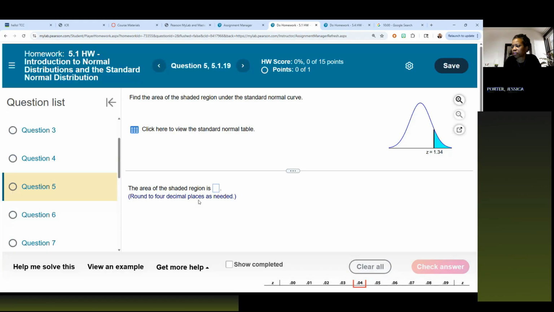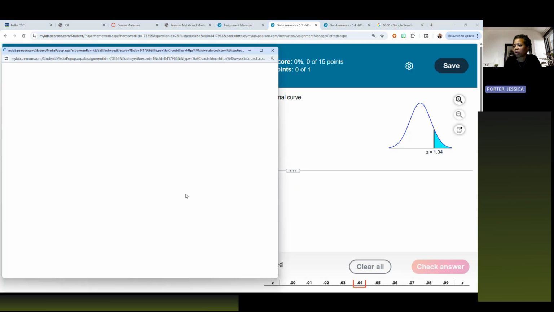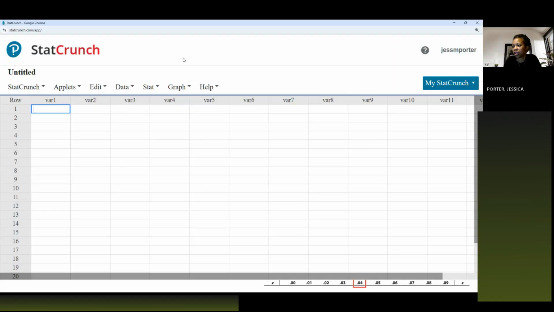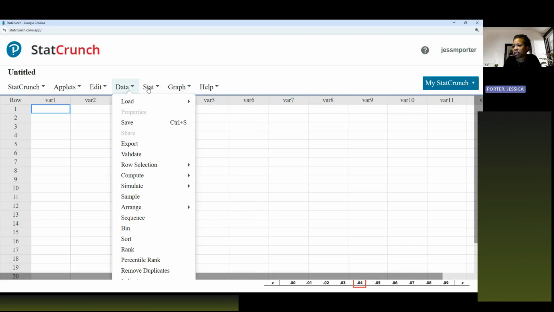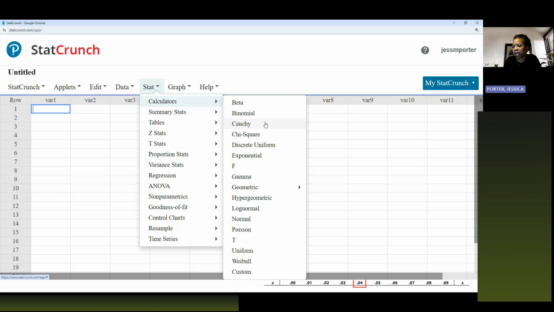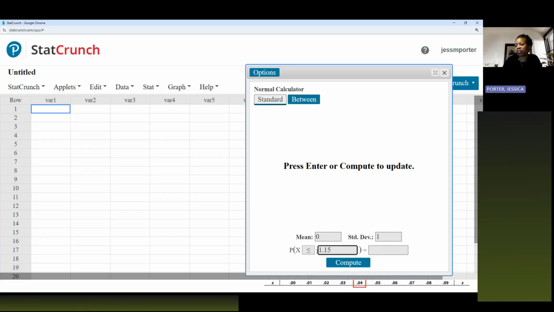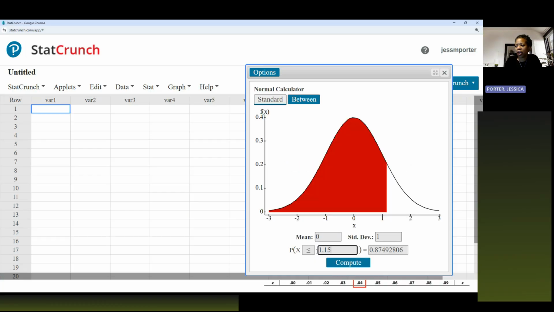So we are looking for the shaded area. Let me just pull this up and show you 1.15. It would be stat, calculators, and normal, and your z-score is 1.15.